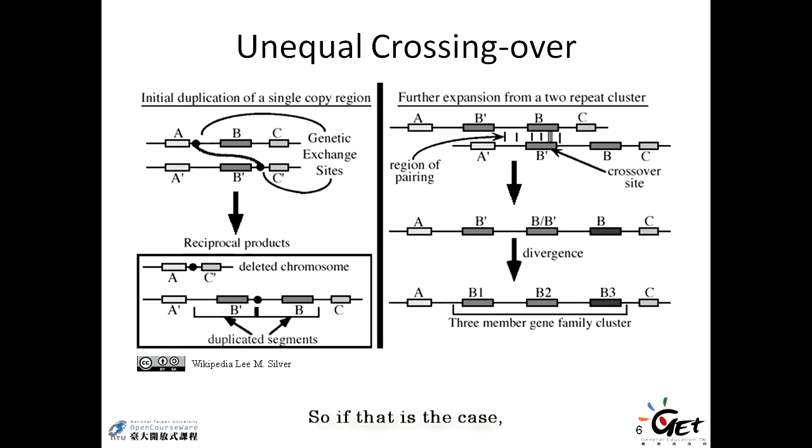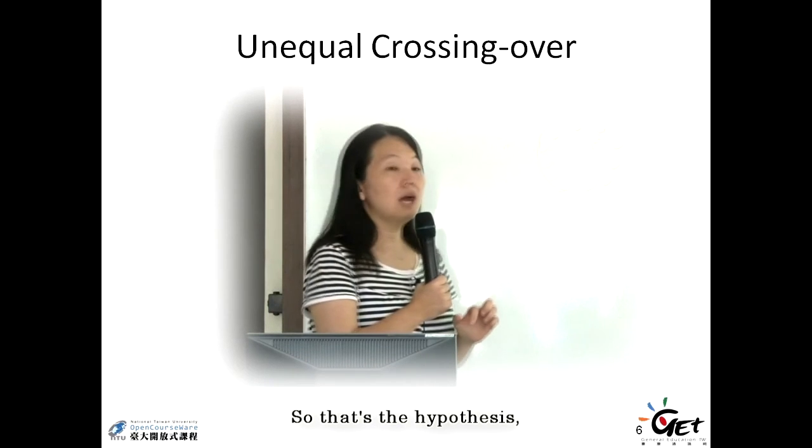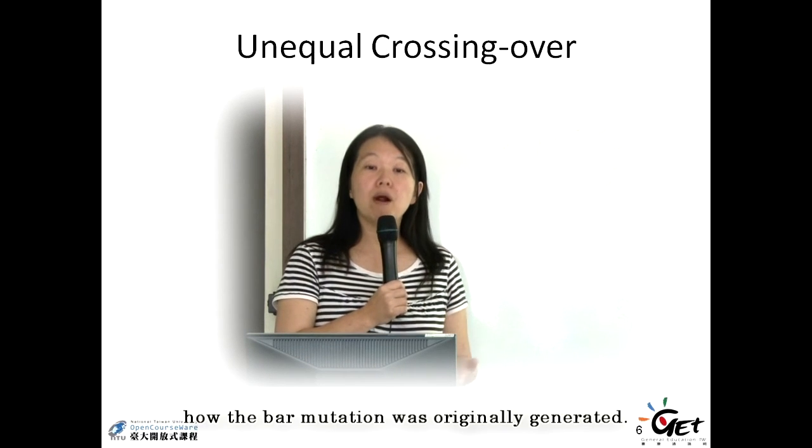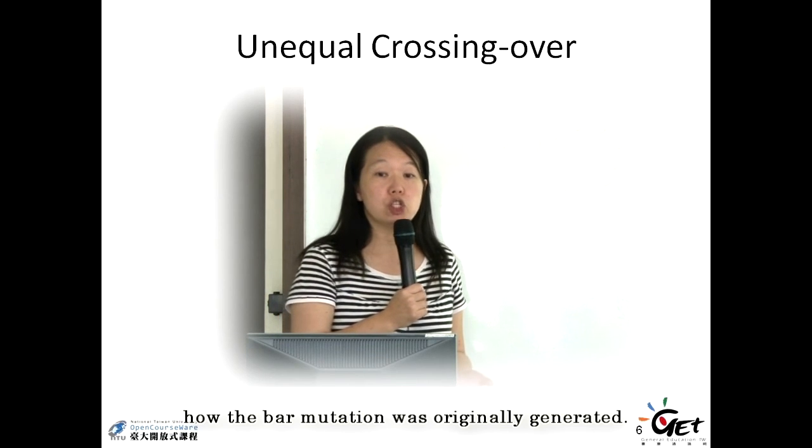So if crossing over occurs between the two black spots, then they will result in a duplication of the B locus showing here. So in this case, you can see the duplication segments contain the entire B region, so that B got duplicated. So that's the hypothesis how the bar mutation was originally generated.